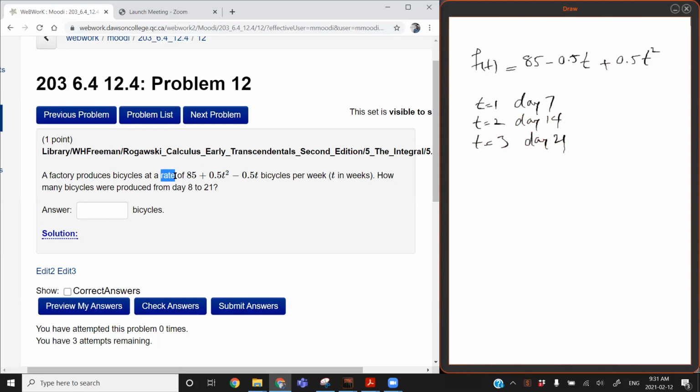So you want to know how many bicycles were produced within weeks 2 and 3. Sorry, within the second week, the third week, and the fourth week.